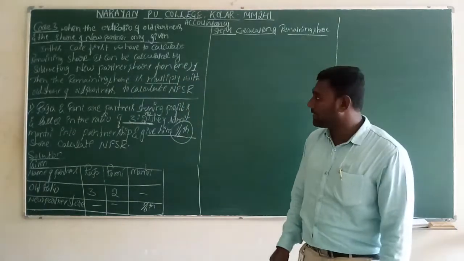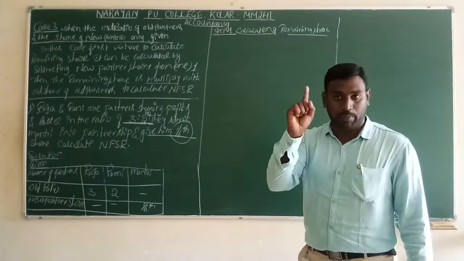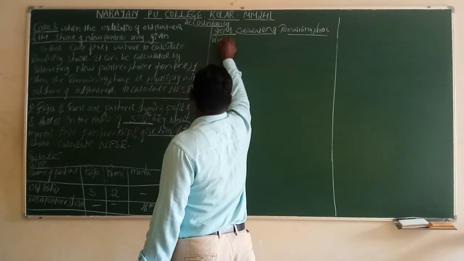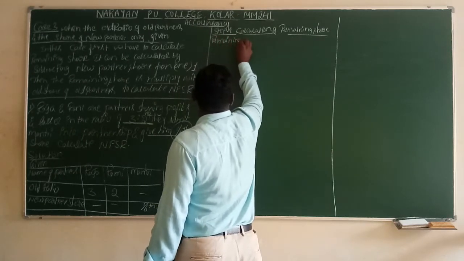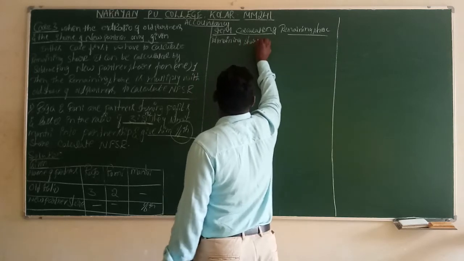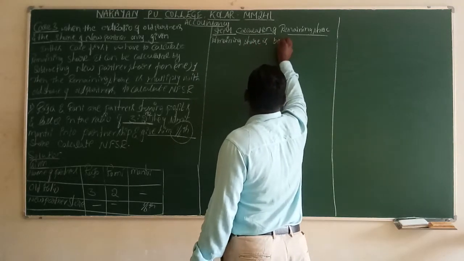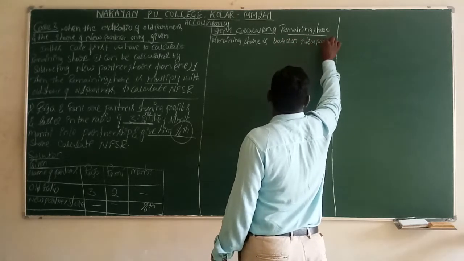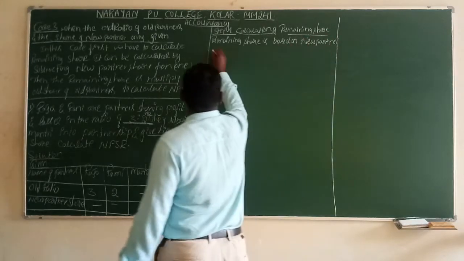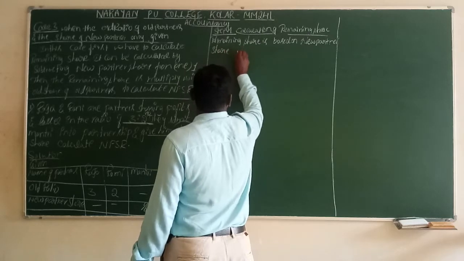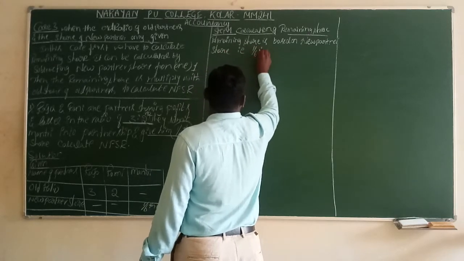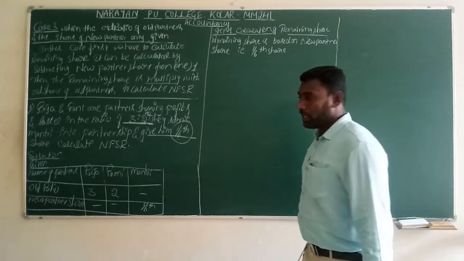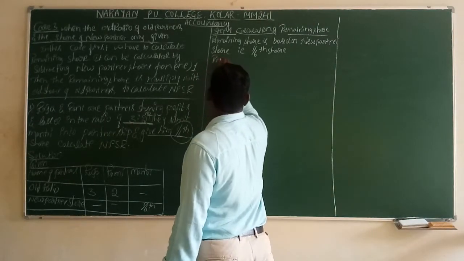Based on the new partner share given, it will be deducted from number 1, and then we get the remaining share. Here the new partner share is 1/6.